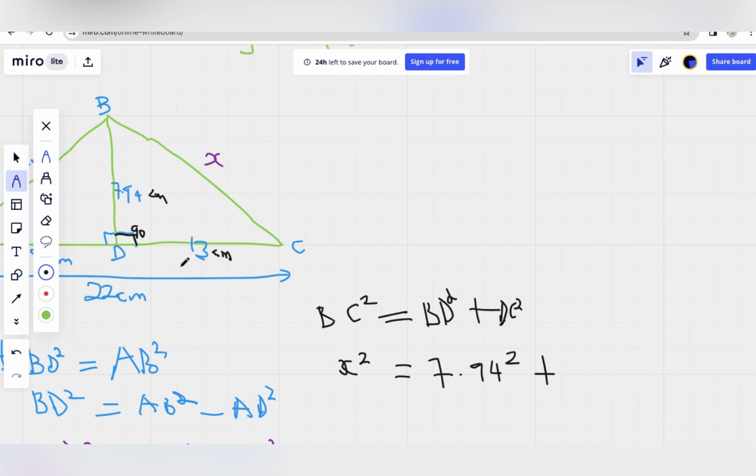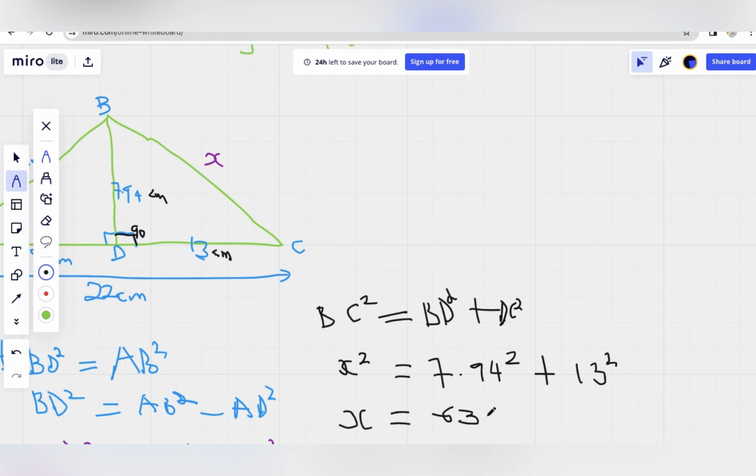So we square 13. Remember, it was when we found the square root of 63 that we got 7.94. You don't have to look for a calculator quickly. You knew that you got this number from the square root of 63. So when you square it, you also get back 63.